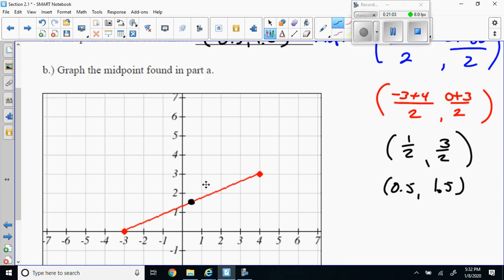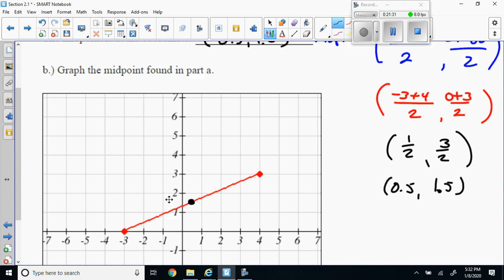Anybody know how to get it without doing this? No. No, not the distance formula divided by 2. I like that though, but no. When you're dealing with points on a line, you're dealing with change, right?